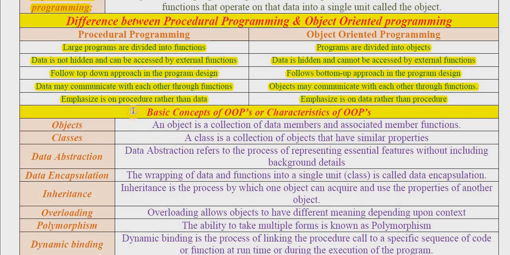In procedure oriented or procedural programming, emphasis means importance is given to procedures or functions. Here in procedural programming, functions are very important, but in object oriented programming, emphasis is on data. Means importance is given to data, so data is very important here. So this is about the differences between procedural and object oriented programming.